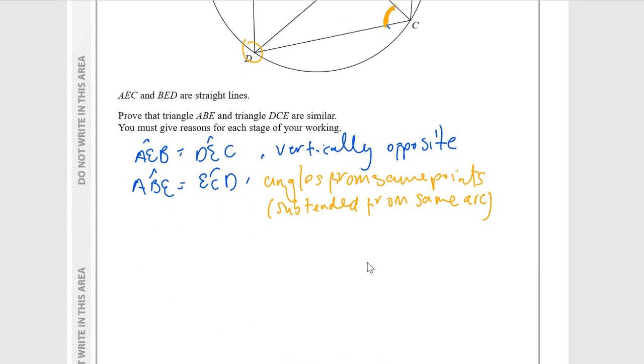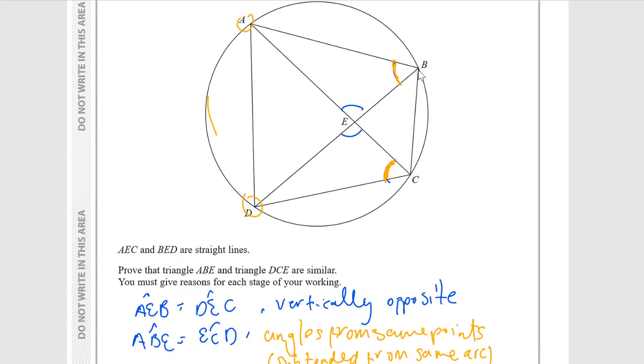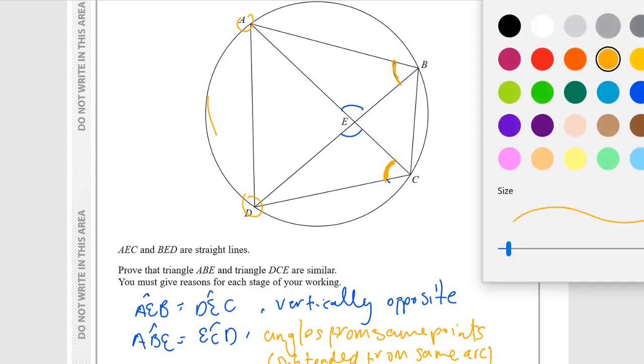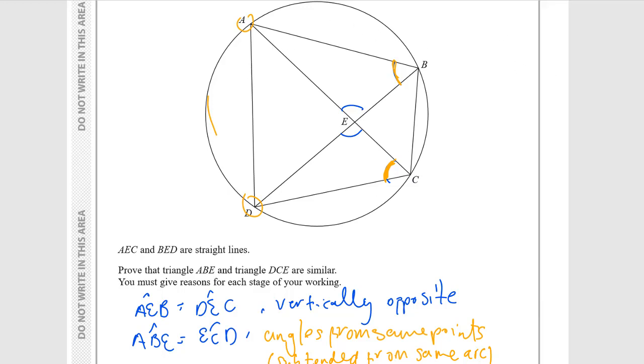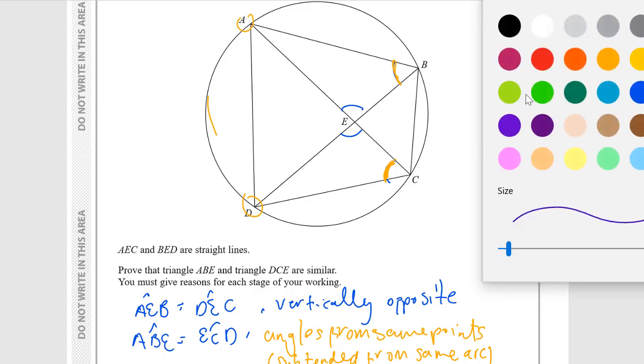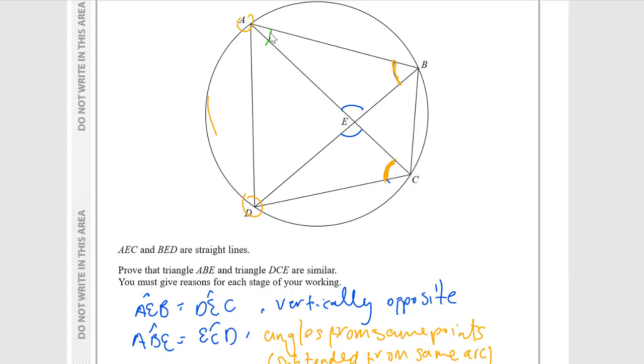So angle BAE is going to be equal also to angle BDC. So BAE is going to be equal to BDC. I'm going to use the green here, so that one here.